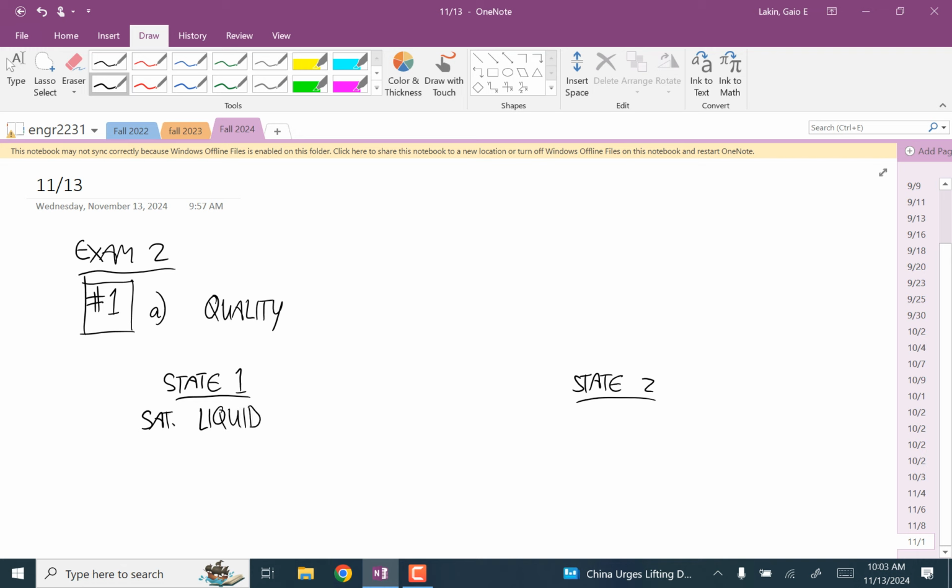We're given that as a saturated liquid, our specific volume is 0.001. And then at state 2, we just know that the true volume is 10. This is cubic meters.